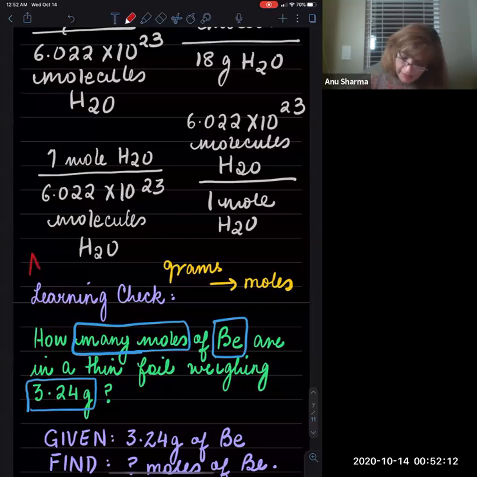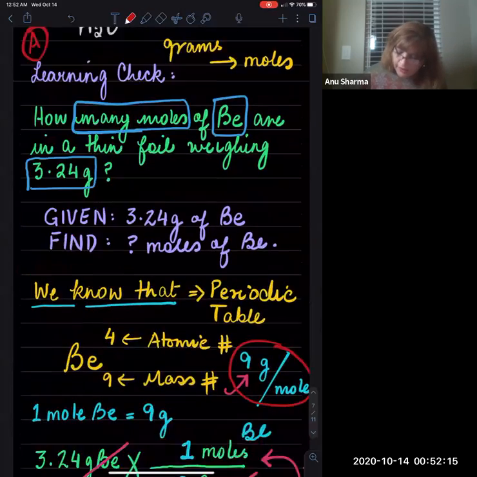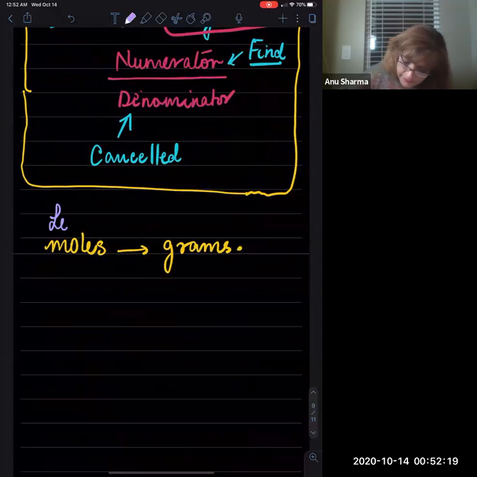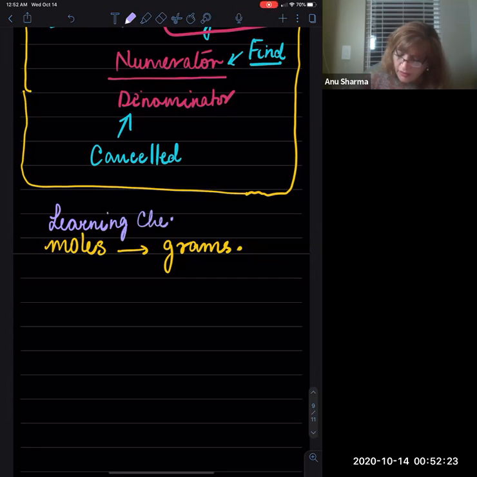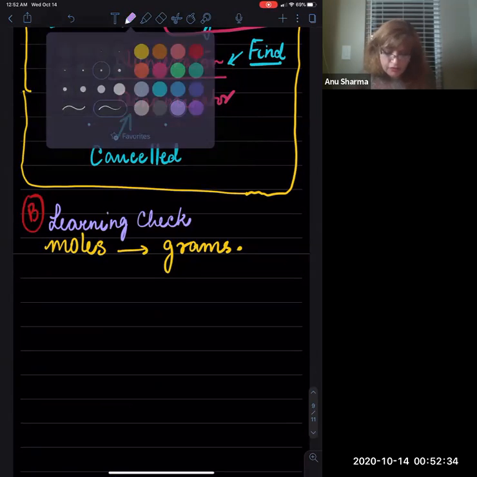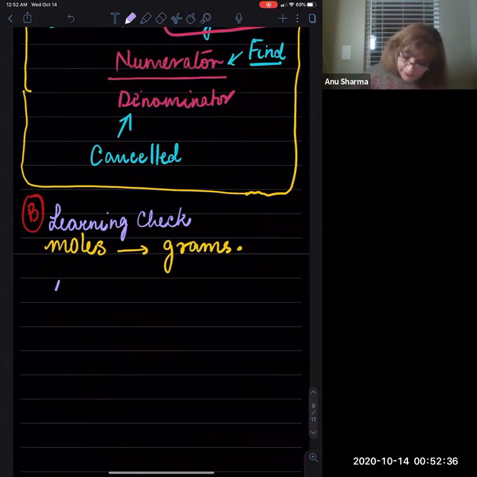This is A. And next we are looking at the learning check problem, in which we are doing the conversion given moles to grams. Here we are given gold. Au stands for gold.